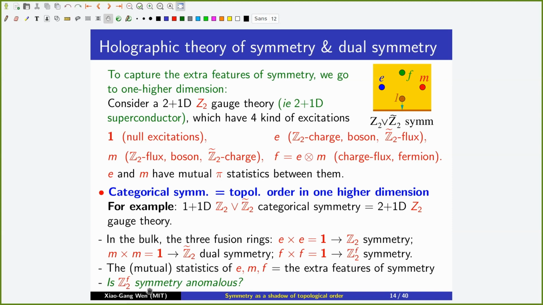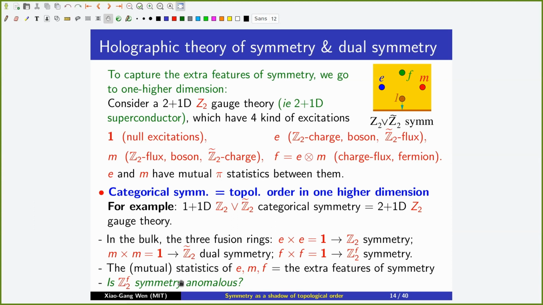So in some sense, this Z2F symmetry is maybe anomalous. It's a Z2 symmetry, but it should be different from the Z2 symmetry for the boson. This particle is fermionic, so it has some extra features. So it's very tempting to say this Z2F symmetry is anomalous.